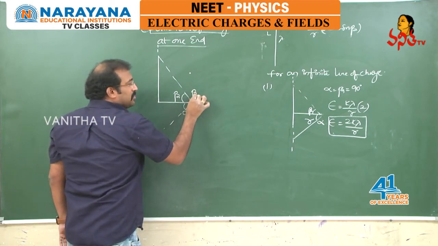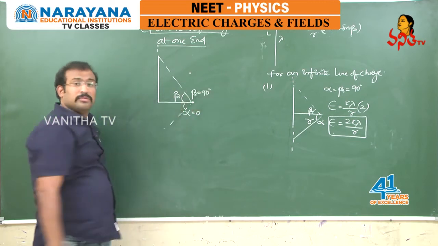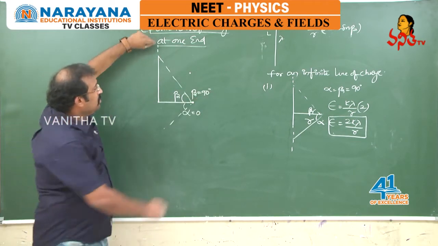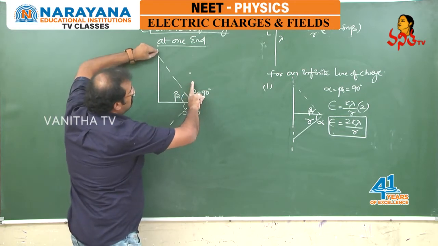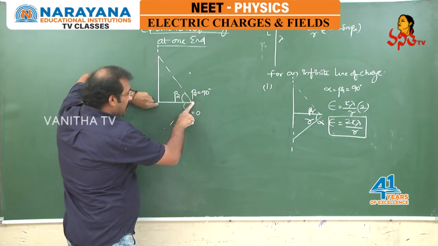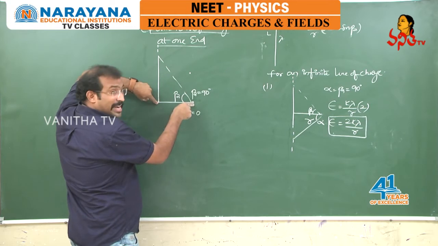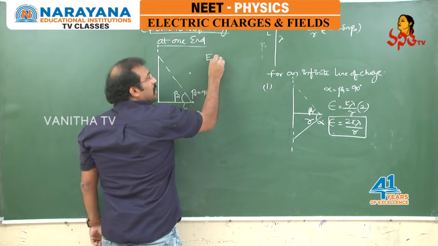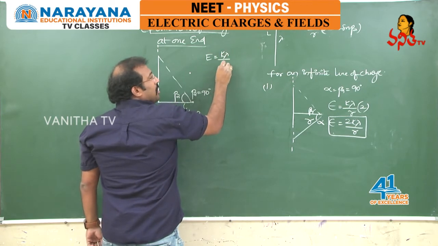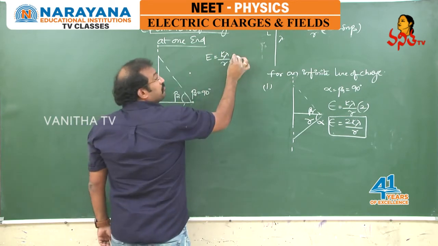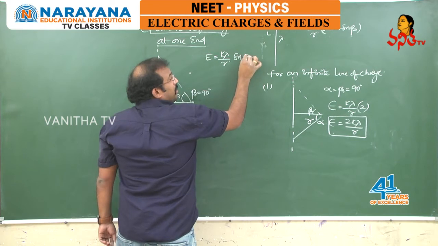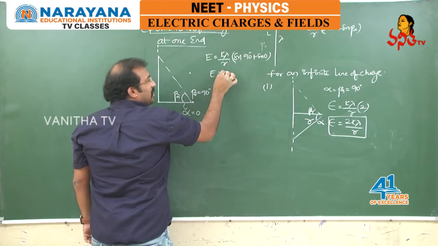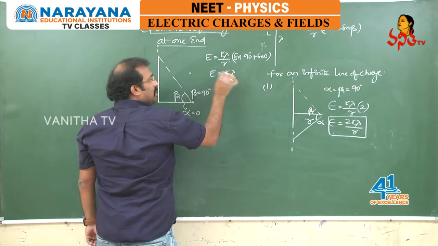Beta becomes 90 because this is infinity. Then E is equal to k lambda by r into sin 90 plus sin 0, so E is equal to k lambda by r at one end.